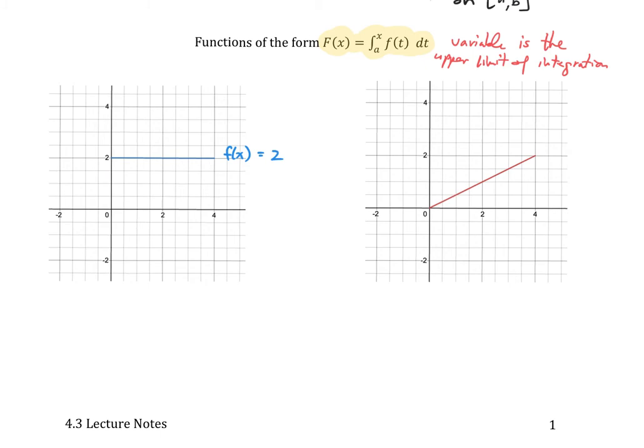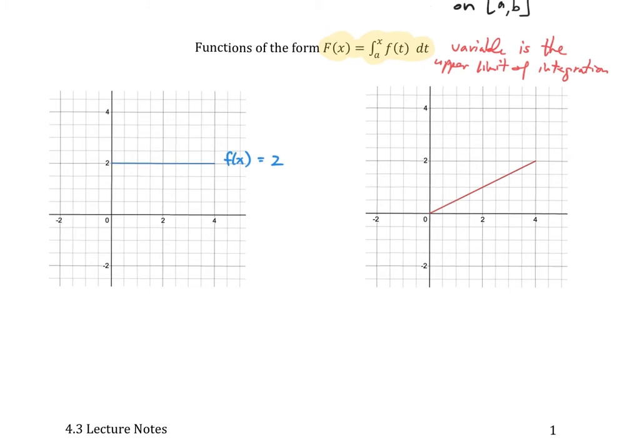Our capital F of x is going to be the integral from 0 to x of the function 2 dt. Now this variable of integration needs to be a different letter than the upper limit of integration, because the upper limit of integration is my independent variable. So this is what we call a dummy variable.